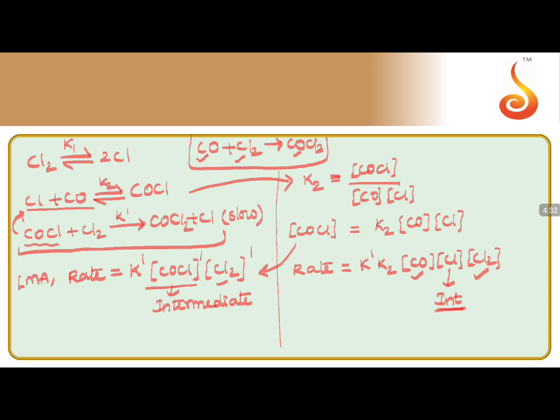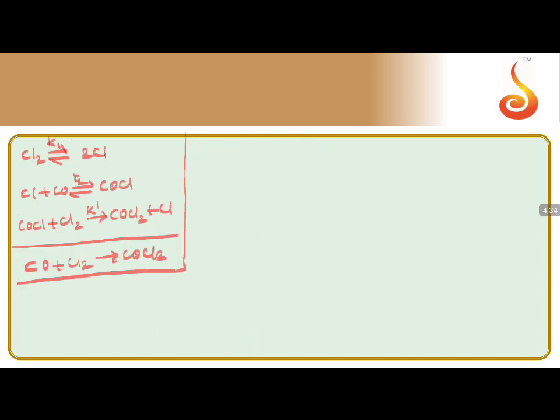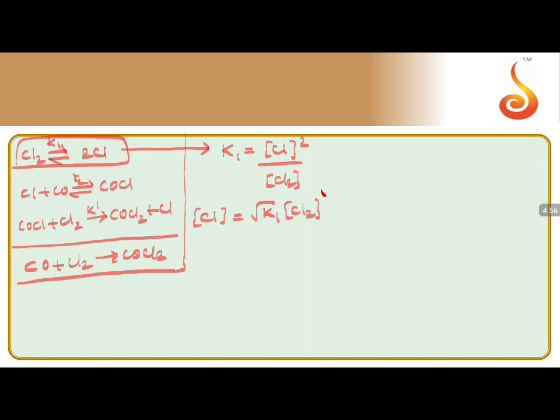The previous step is this reaction, from which we can write K1 is equal to the concentration of Cl whole square by Cl2. So the Cl concentration is equal to root over K1 into the concentration of Cl2, whole power 1 by 2. Again substitute this in the previous equation.